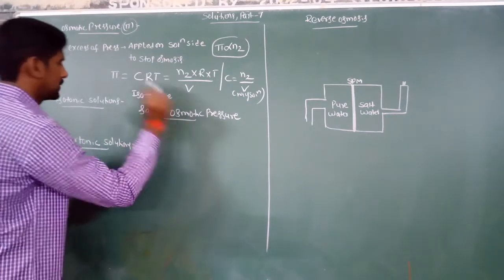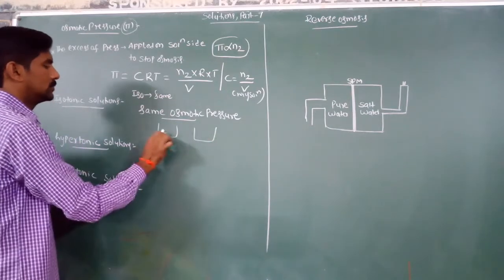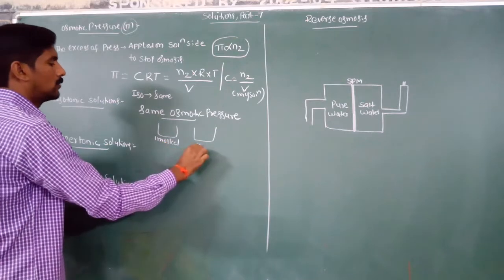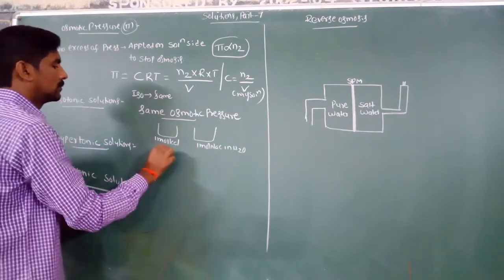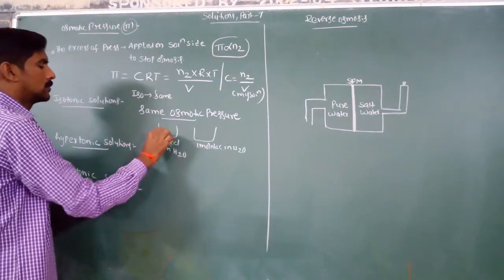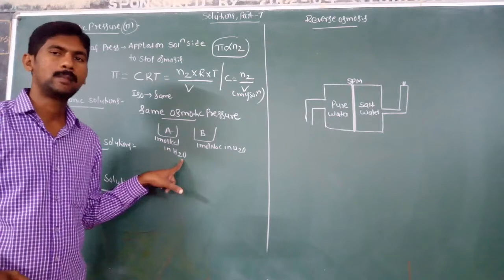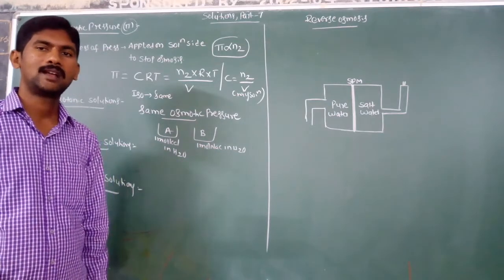Same osmotic pressure. For example, solution A and solution B. 1 mole of KCl is dissolved in 100 ml of water. 1 mole of NaCl is also dissolved in 100 ml of water.